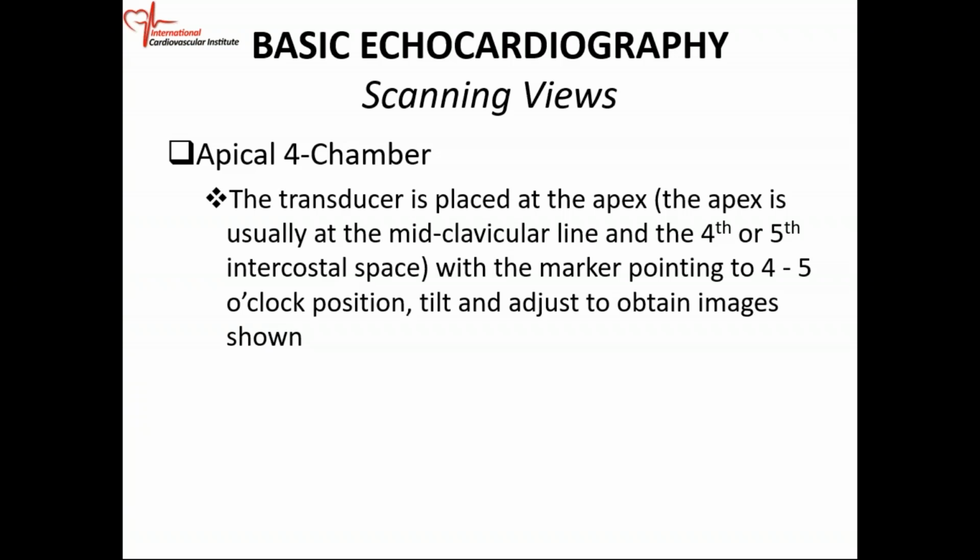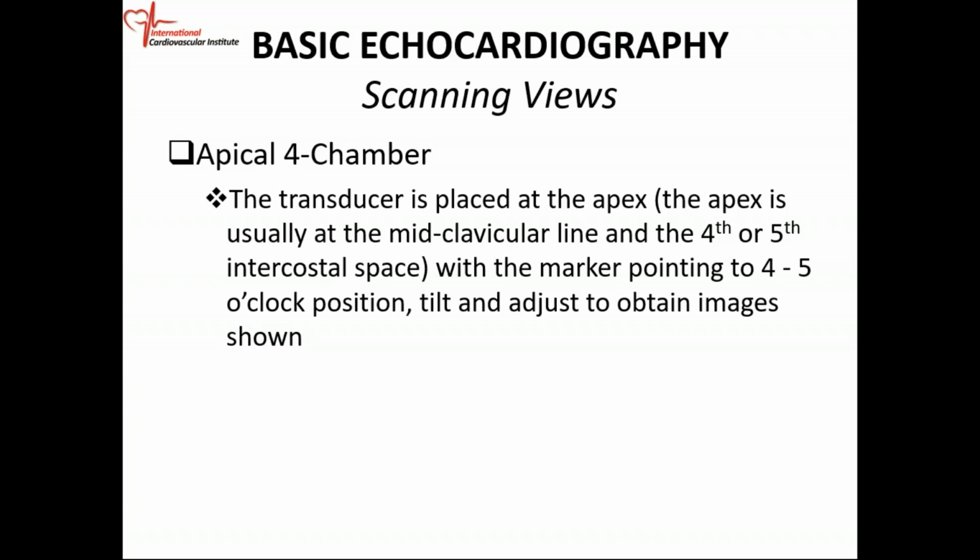So knowing where to position the transducer is very important. Remember now, it's just an approximate position. You still have to adjust and manipulate to get the image that you're supposed to get.